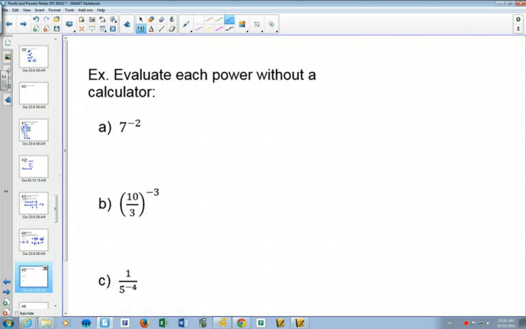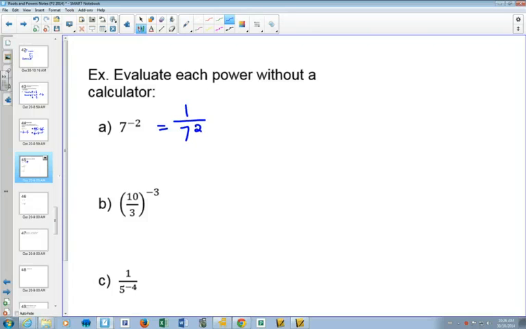So without a calculator, and all of your regular exponent laws are the same with negative exponents. So first of all, our definition of a negative exponent, your first bit of work, change it to a positive exponent.